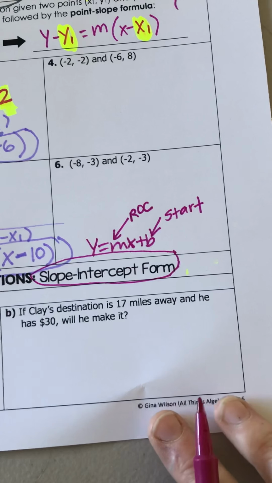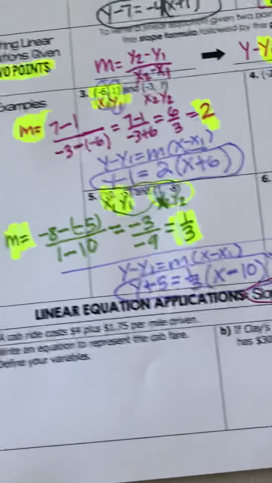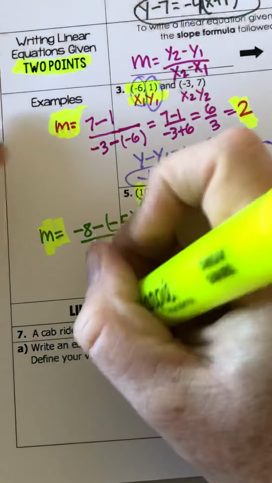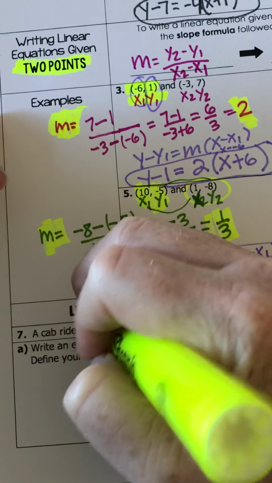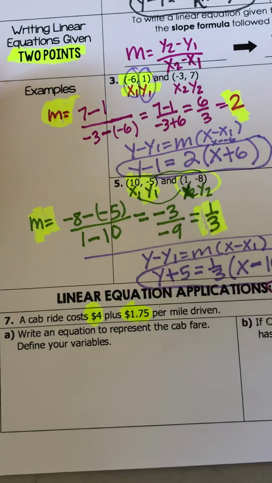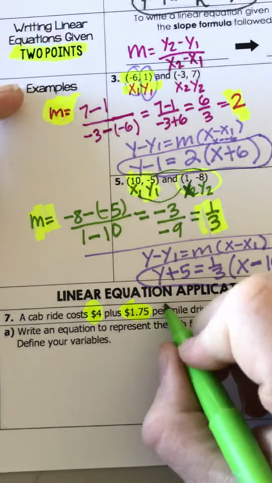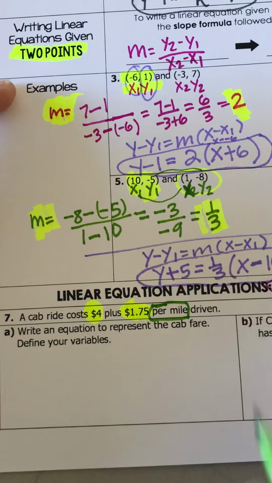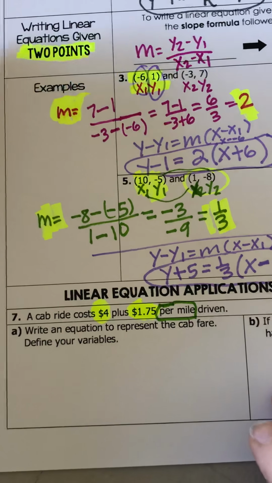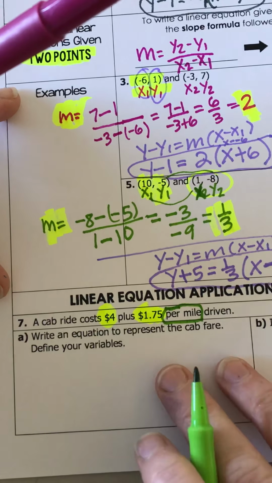So anytime you're seeing some kind of starting value and then some kind of change, that's going to be slope-intercept form. All right, and you can see that 4 is what the ride starts at, and then $1.75 is your rate of change. How do I know that's the rate of change? Because it says per mile. That's a rate. Dollar per mile.